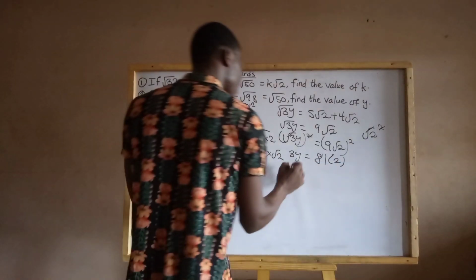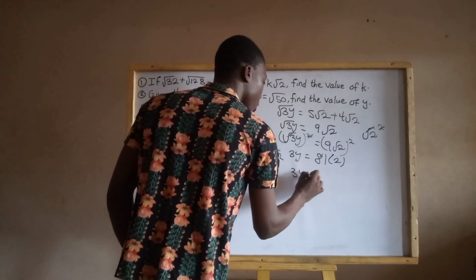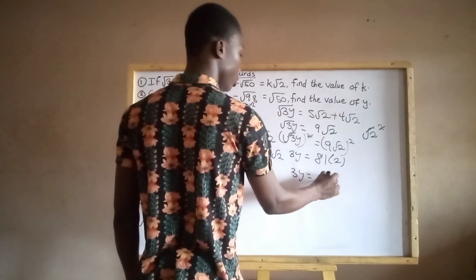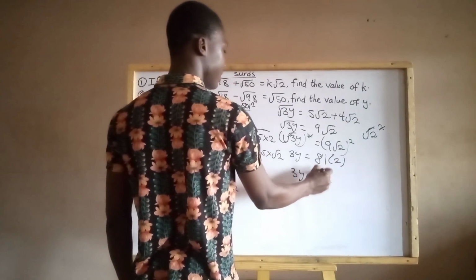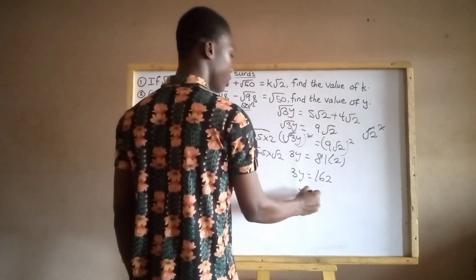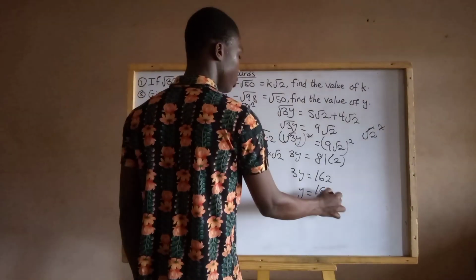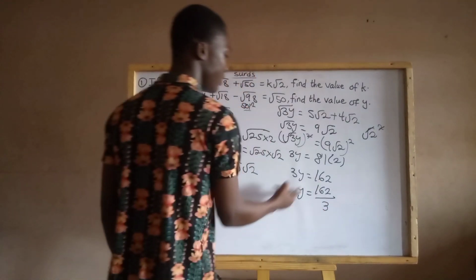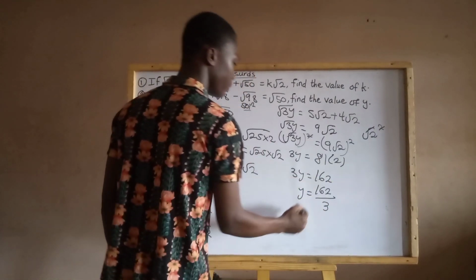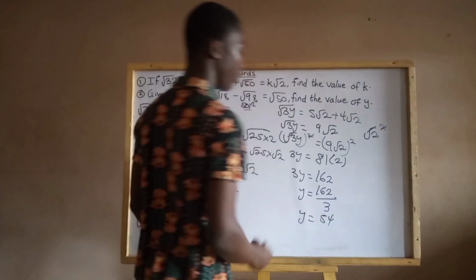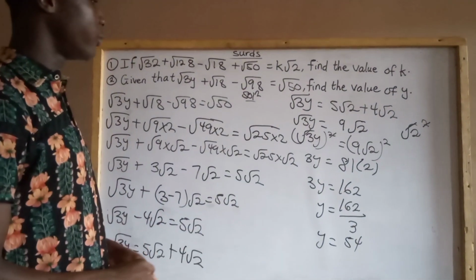So now we have 3y is equal to 81 times 2. 2 times 1 gives 2, and 2 times 8 gives 16, so 162. Now we want the value of y, so y is equal to 162 over 3, because we divide both sides by 3. Now y is equal to 54. y is equal to 54.